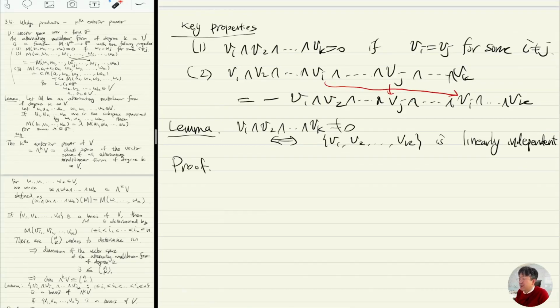Why? If they are not linearly independent, if they're linearly dependent, then it can be easily seen that this is 0.